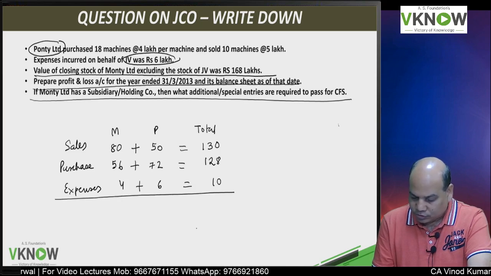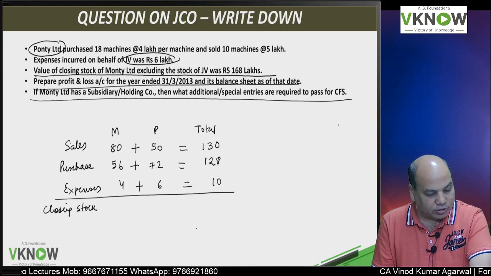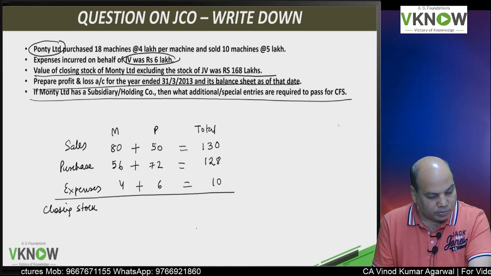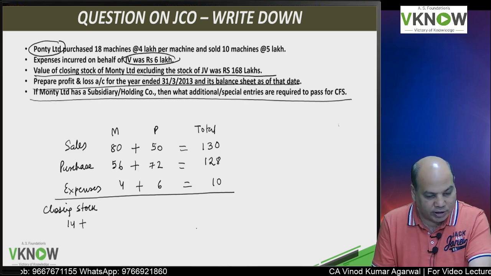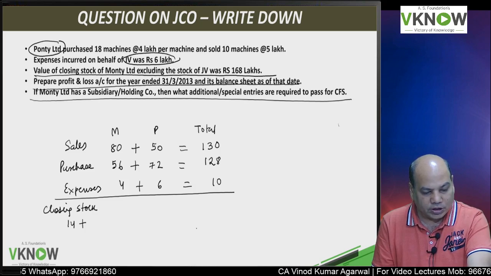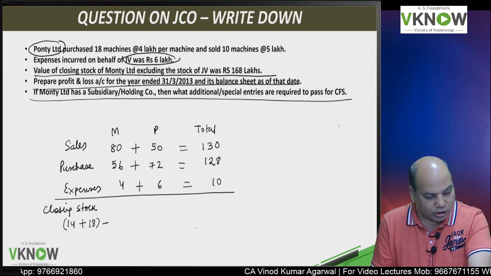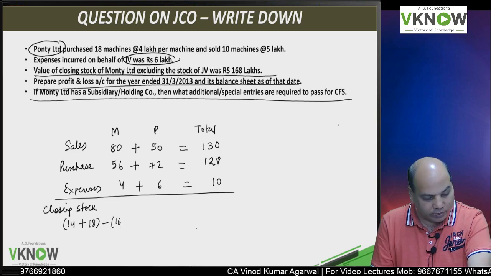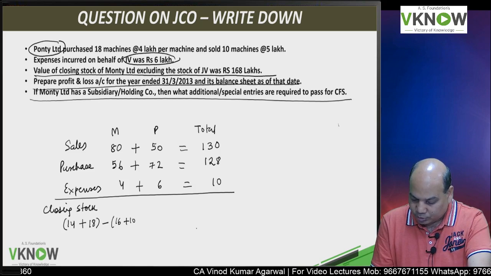And now let us also look at the closing stock. What will be the closing stock? Total purchase made by them is 14 units by Monty, and Ponty has purchased 18. This is purchase, and total sale is 16 units by Monty and 10 units by Ponty.